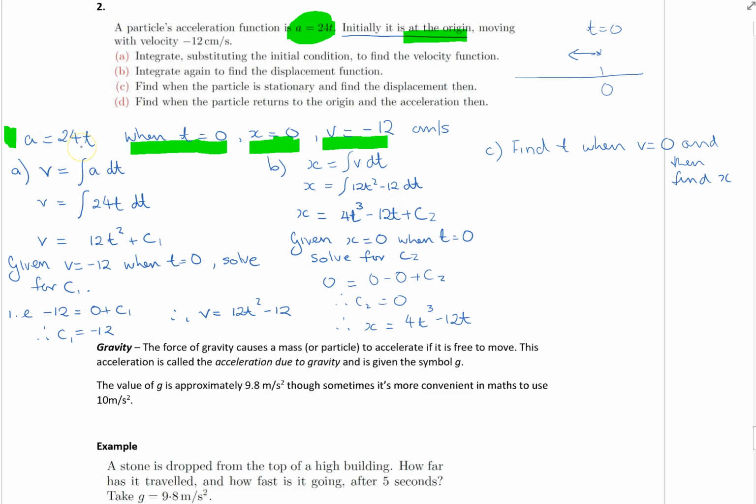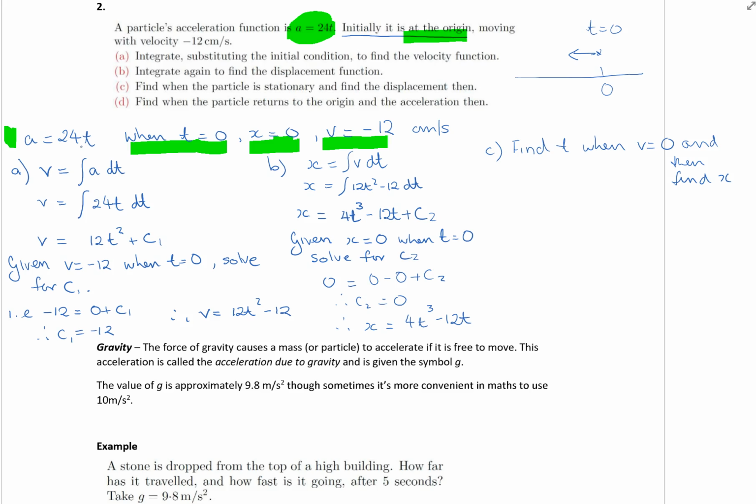That 24t is positive. That means although the particle is going in the negative direction, remember I said acceleration is a force, it has a positive force on it. So you might be thinking already, okay, so it's going down negative, but if it's got a force in the positive direction on it, there's probably a point where it's going to stop.